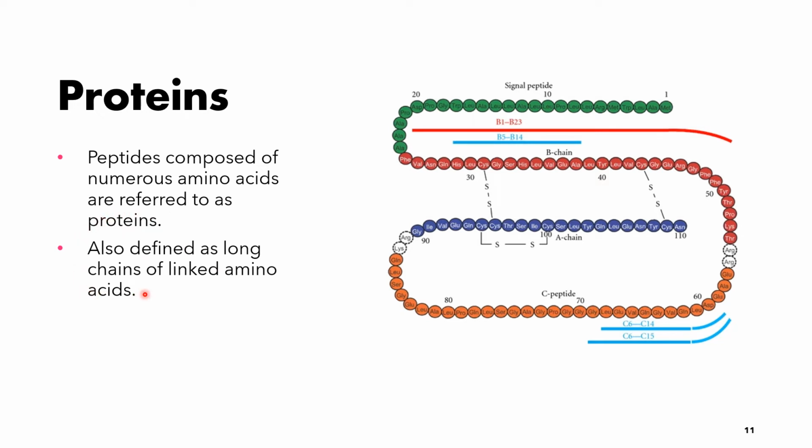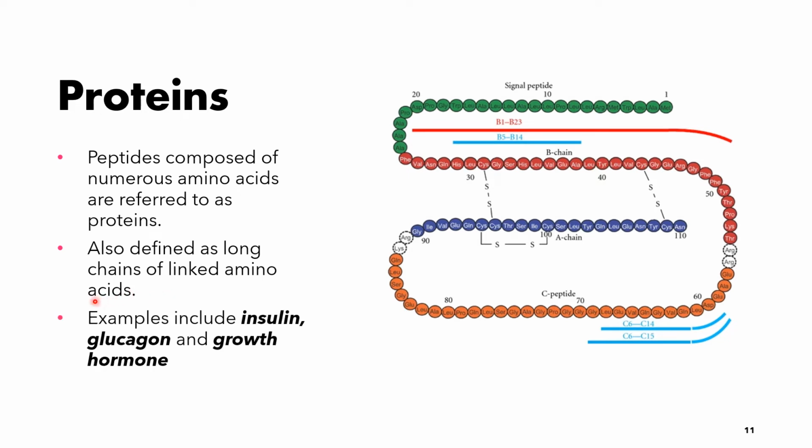From the previous discussion, we defined peptides as short chains of linked amino acids, while proteins are long chains of linked amino acids. What are examples of protein hormones? Examples are the hormones produced from the pancreas, insulin and glucagon, and the hormone from the anterior pituitary, growth hormone.